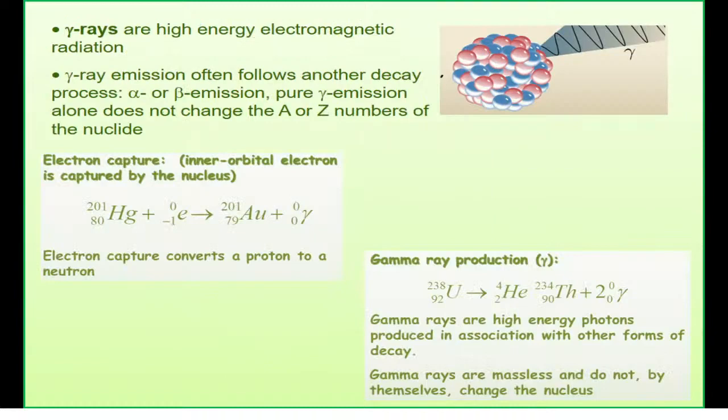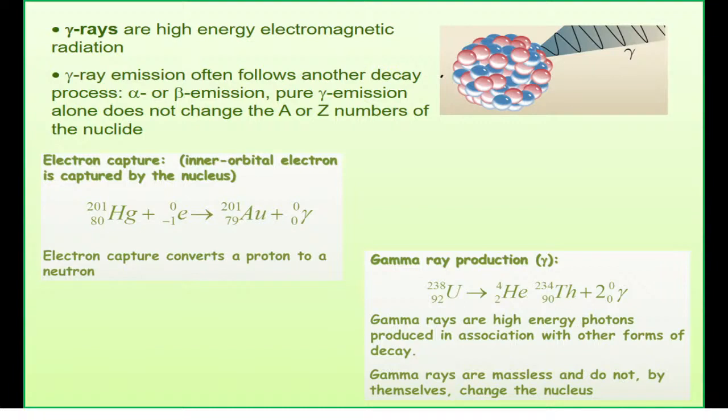Gamma rays are high energy electromagnetic radiation, and we can say that this radiation accompanies beta or alpha emissions. It often follows other decay processes.